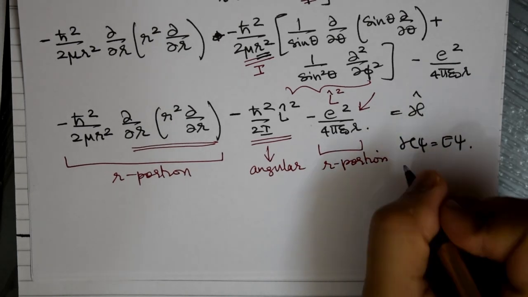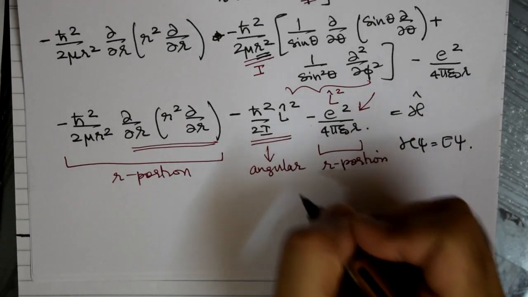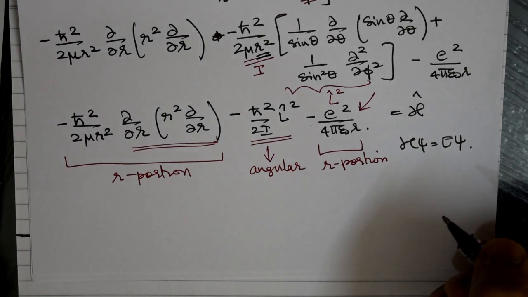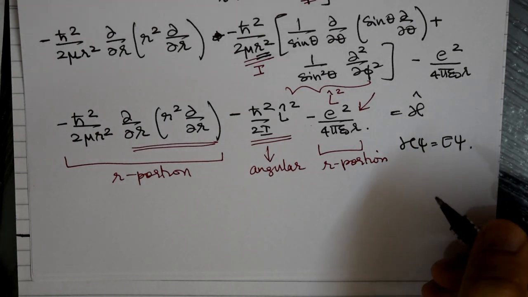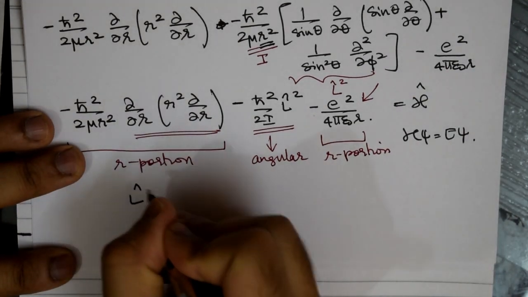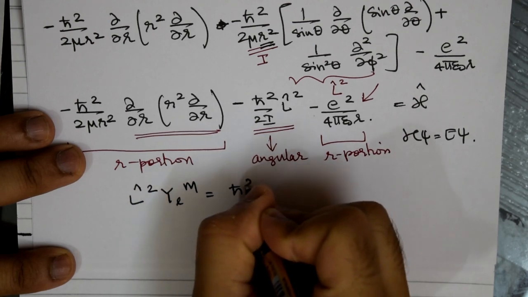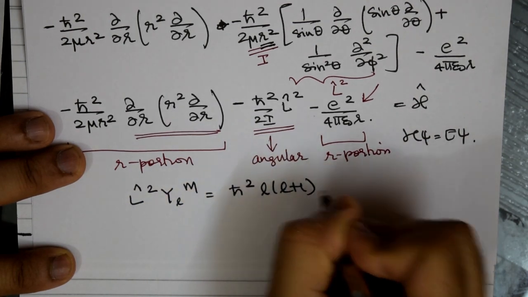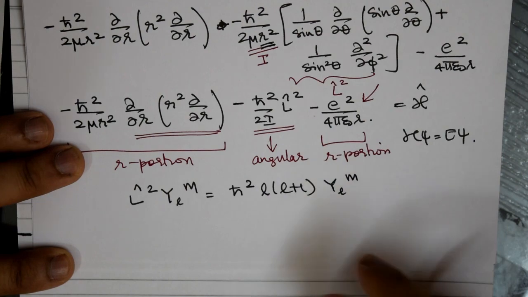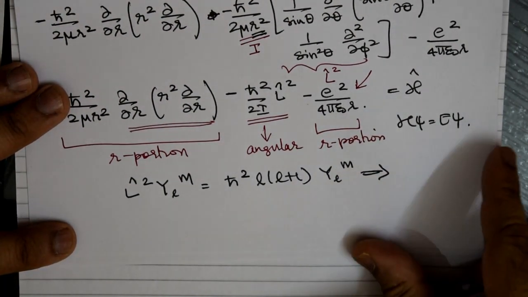You have the operator L square, and just as in the rigid rotor problem we saw the eigenfunctions of L square. We came up with the fact that L square on YLM will give you h cross square L into L plus 1 times YLM. So this indicates YLM is a complete basis for the L square operator.